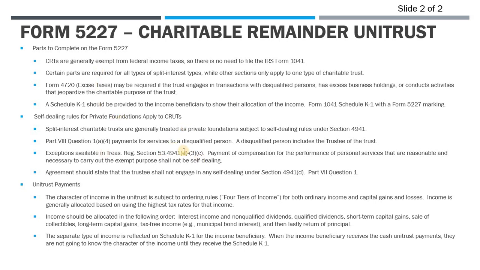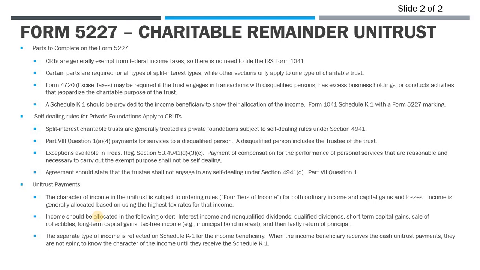Also really important to remember are the self-dealing rules. So CRUTs have to apply a lot of the private foundation self-dealing rules, and we'll talk about that in a little more detail as well. And then the unitrust payment amount, again, the character of income is so important here, right?